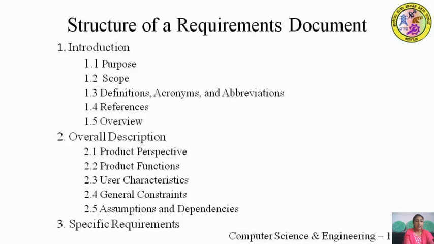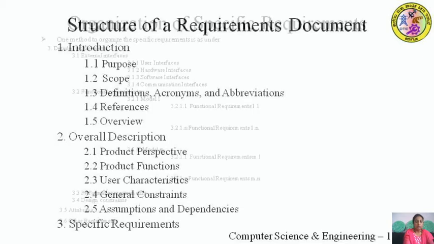The next section is the specific requirements section. This section can be organized in different ways depending upon the project requirements. One of the methods of organizing the specific requirements is shown next.